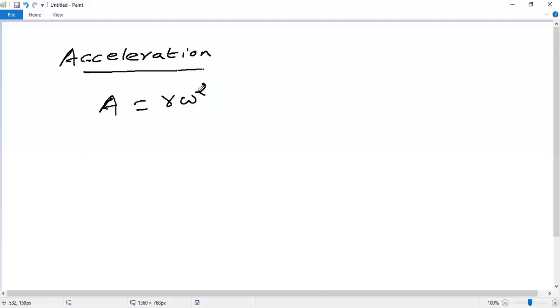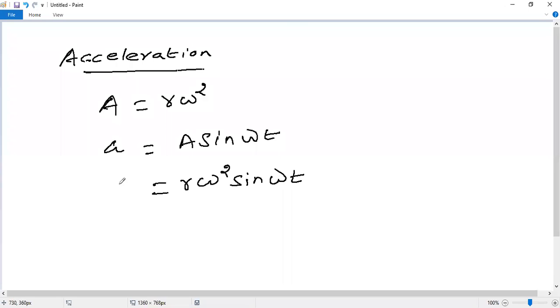For the periodic function equation, A equals capital A sin omega t. So I am applying the value of A as omega square sin omega t.